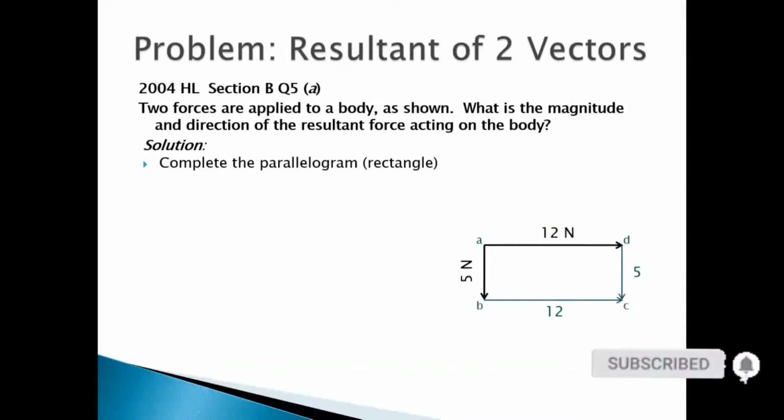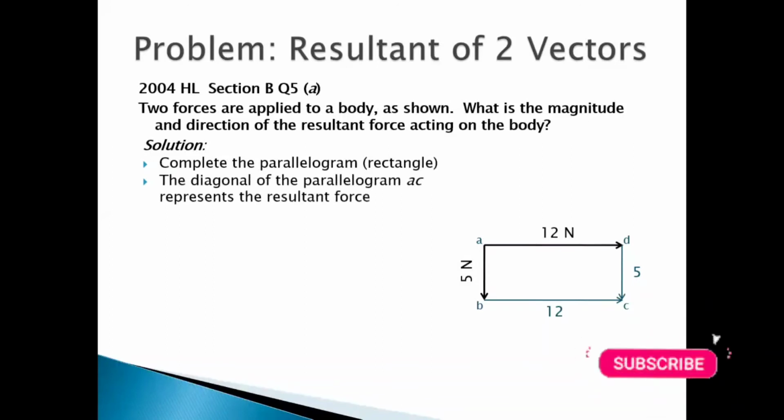Ayan. That's, again, an imaginary line for us to complete the parallelogram. So, saan manggagaling yung ating resultant vectors? From A to C, yes. The diagonal of the parallelogram, A to C, represents the resultant vector.